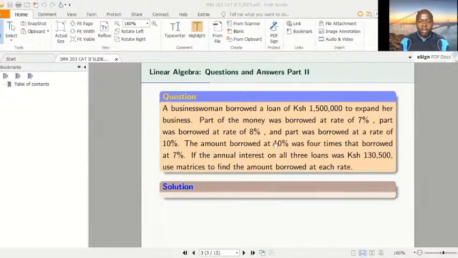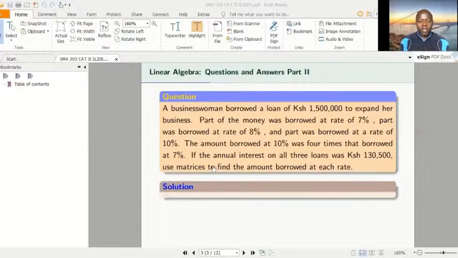The amount borrowed at 10% was 4 times that borrowed at 7%. If the annual interest on all the 3 loans was 130,500 Kenyan shillings, find the amount borrowed at each rate.